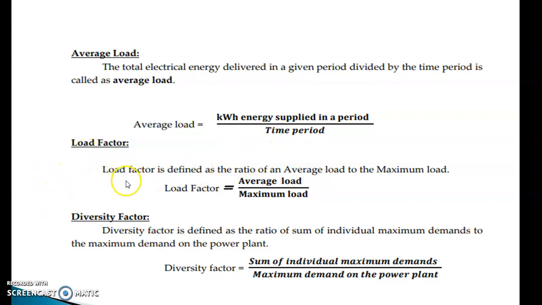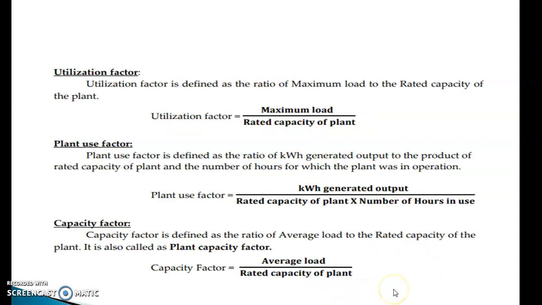Similarly, load factor is defined as the ratio of average load to the maximum load. The load factor is equal to average load by maximum load. Diversity factor is defined as the ratio of the sum of individual maximum demands to the maximum demand of the power plant. So diversity factor is equal to the sum of individual maximum demands to the maximum demand on the power plant.